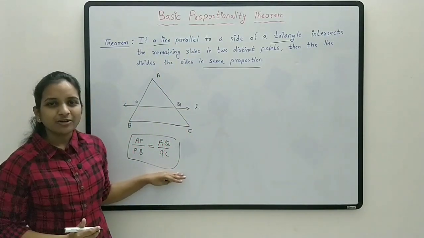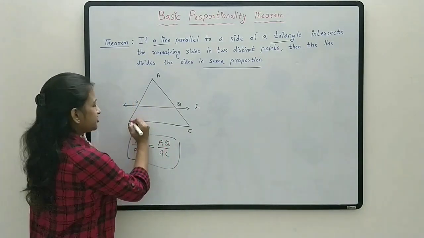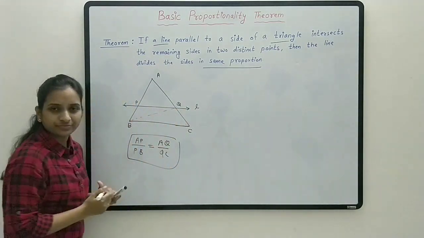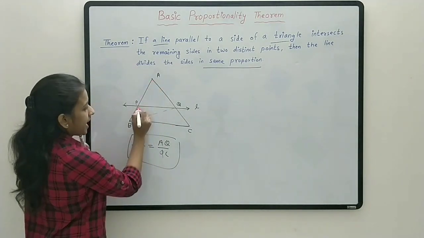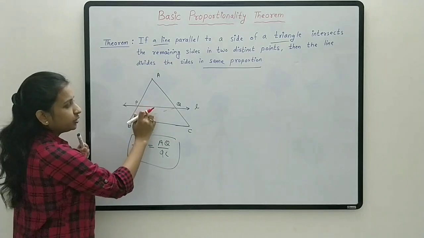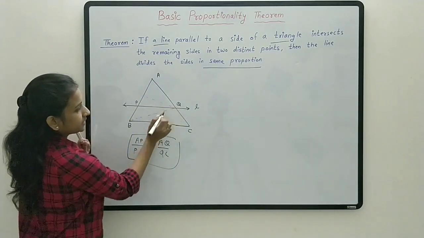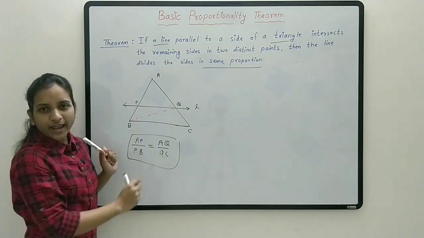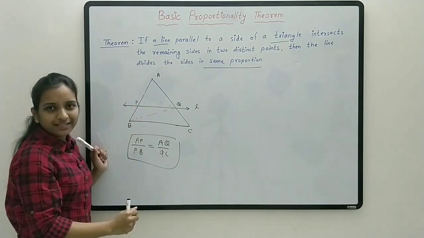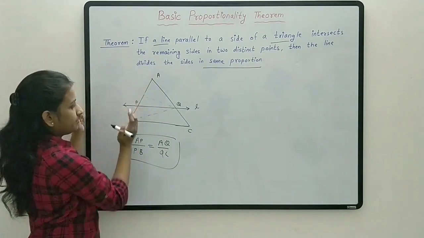Understood? Now let's prove this theorem. Here I am doing one construction. Join BQ. Now consider triangles APQ and PQB. These two triangles have a common height. What is the ratio of the areas of two triangles having equal height? The ratio will be equal to their corresponding bases, AP and BP.